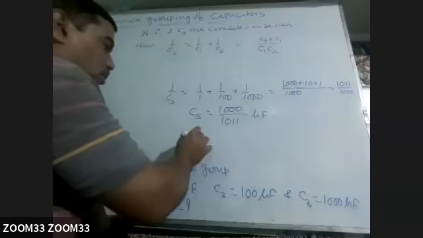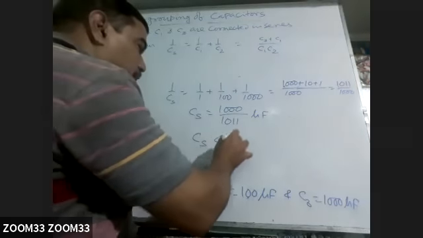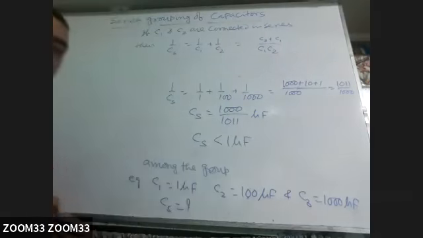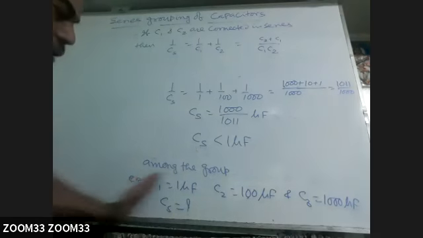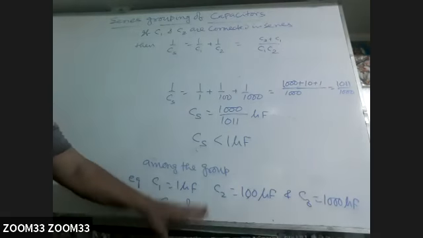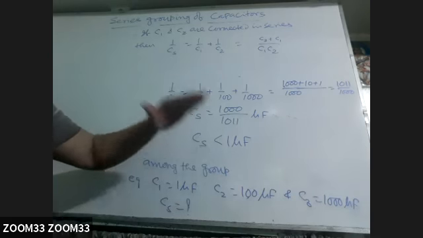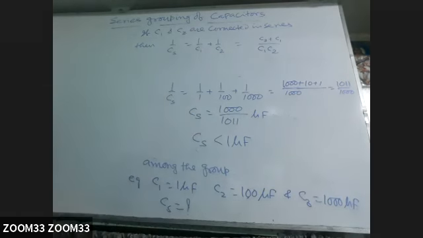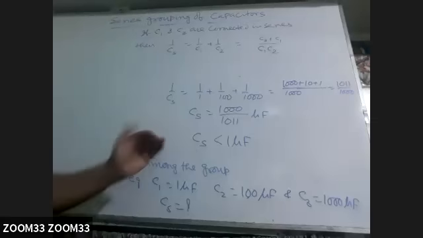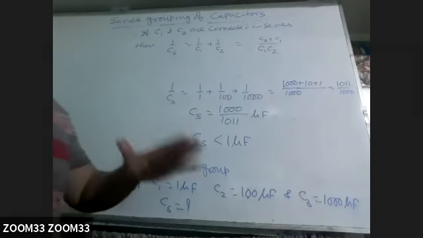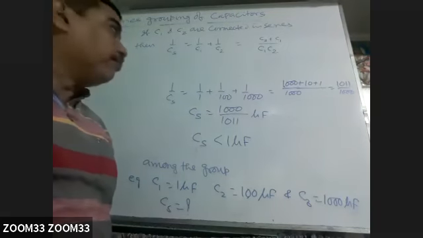So whatever is smallest in that group, the series equivalent will be smaller than the smallest. So series equivalent we use when we have to decrease the equivalent capacity.